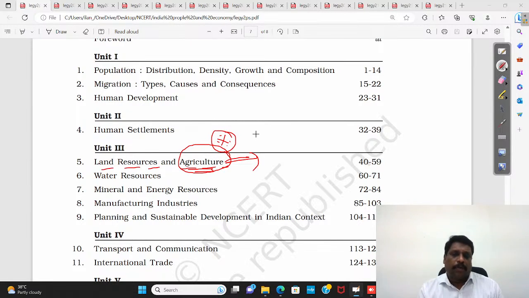If I talk about food crops, I can take paddy, rice, wheat, and millets. If I talk about commercial crops, I can talk about jute, cotton, and sugarcane. If I talk about plantation crops, I can talk about tea, coffee, and rubber.